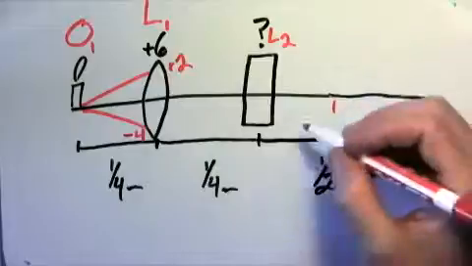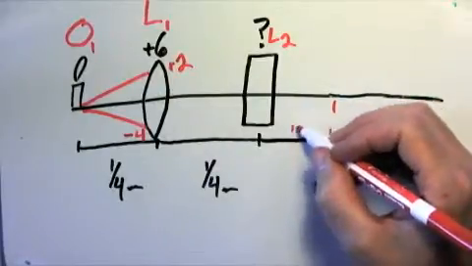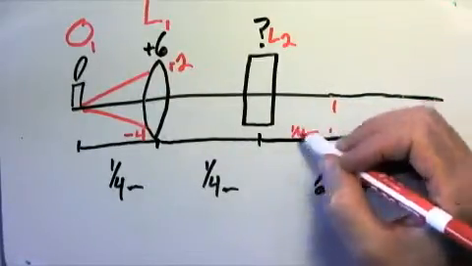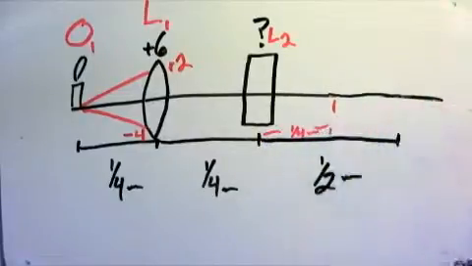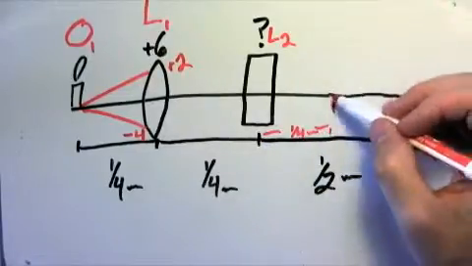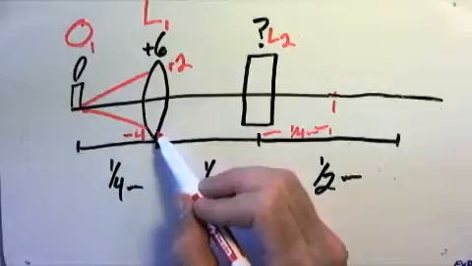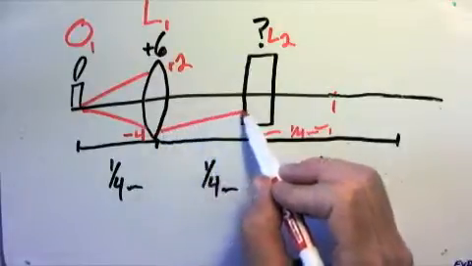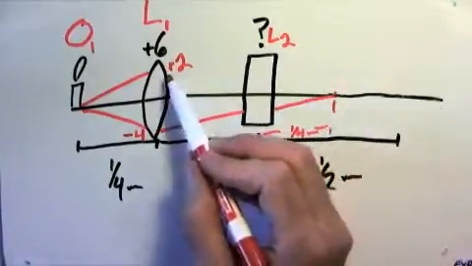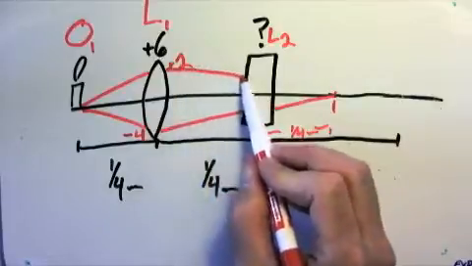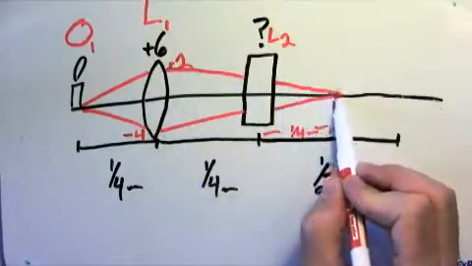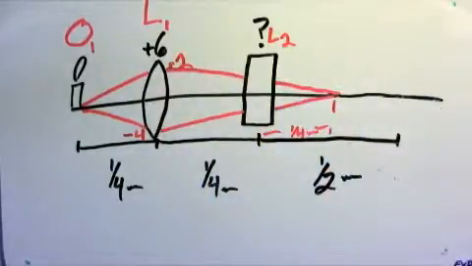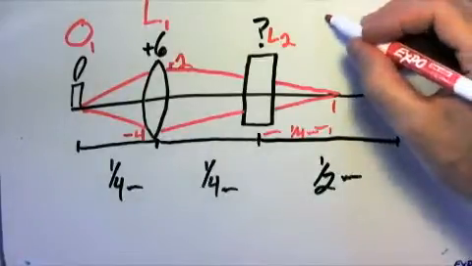Another 1/4 meter would be about here, right? We'll say this distance here is 1/4 meter from here to here. And we know that the rays of light converge here. So I'm just going to draw the rays of light converging to that point over there. This is going to be image number 1.